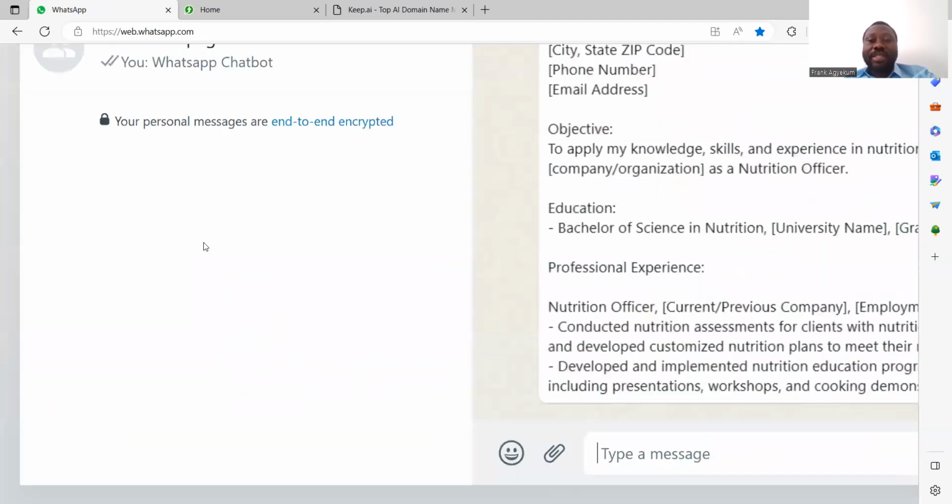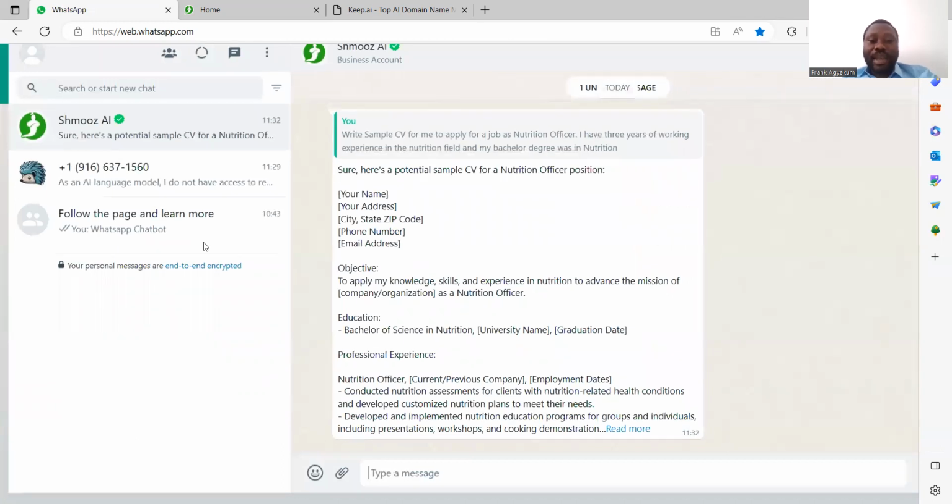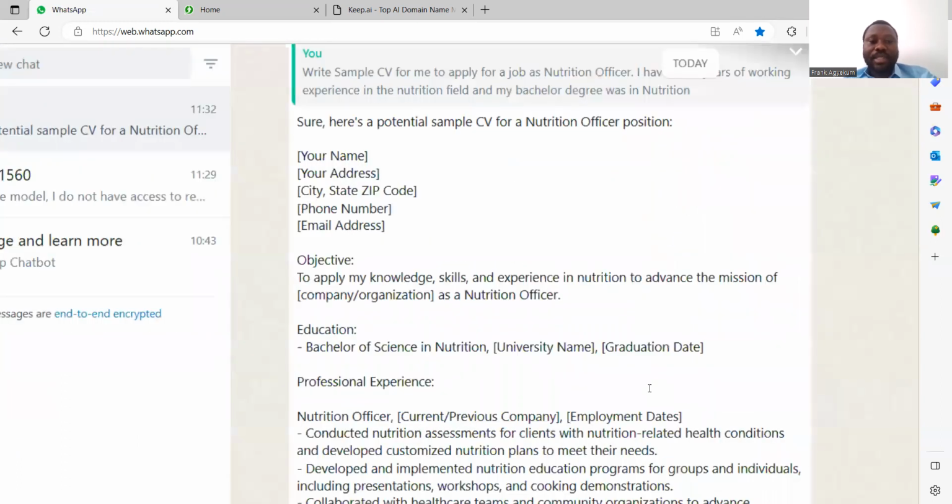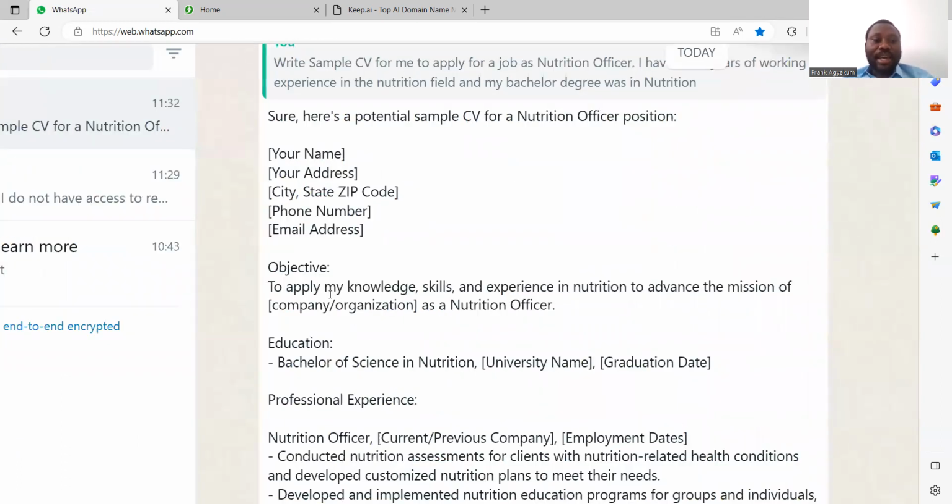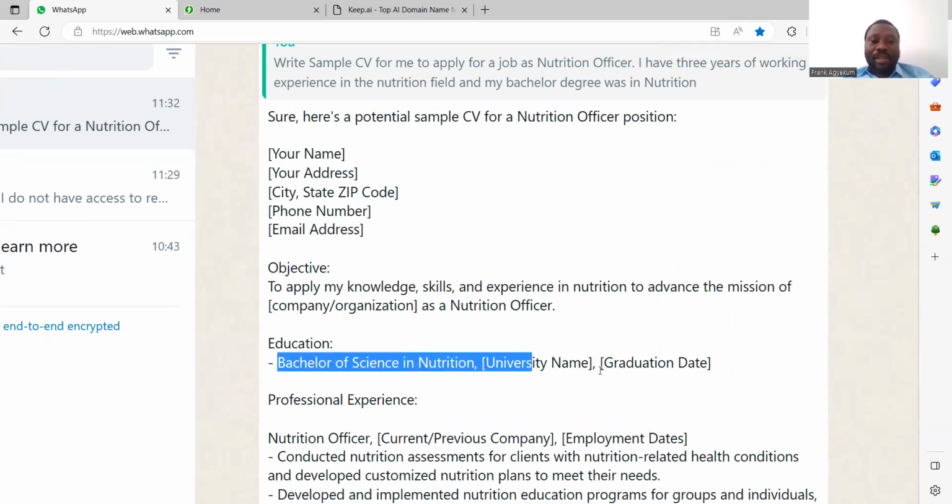Okay, we have our CV from Shmooz-ai. Very nice CV. Wow. So this is the CV. Your CV must tailor in your name, address, blah, blah. It must tailor your objective. It must tailor your education. Now, remember that we said that I have a bachelor degree in nutrition, okay, and it has given it to you. But because I did not enter my university name, it tells you to enter your university name and the graduation date.